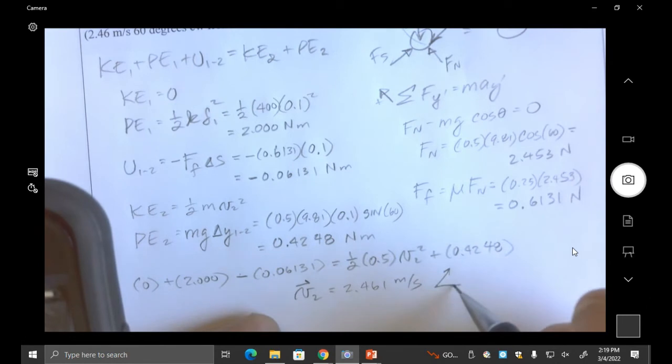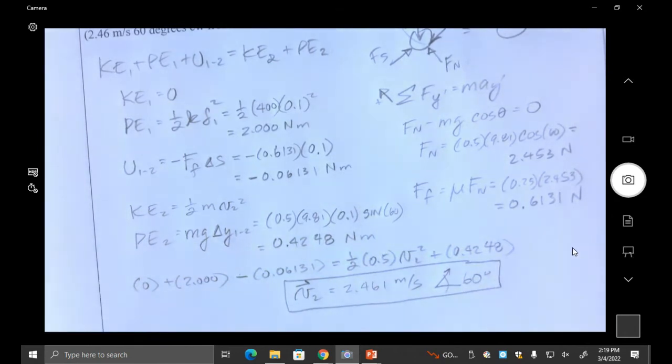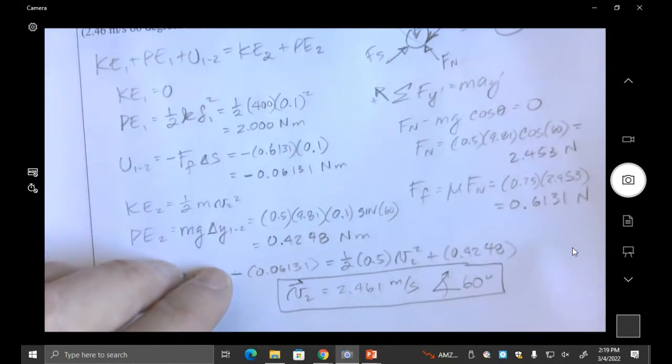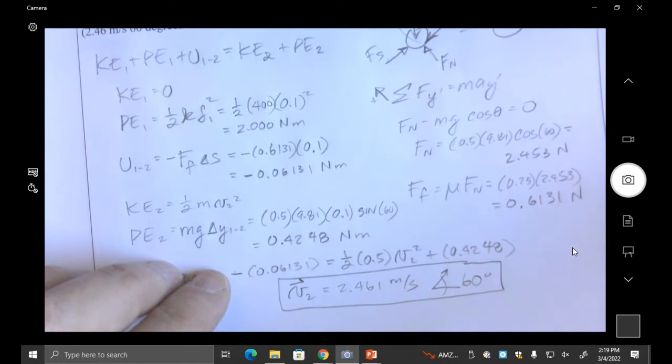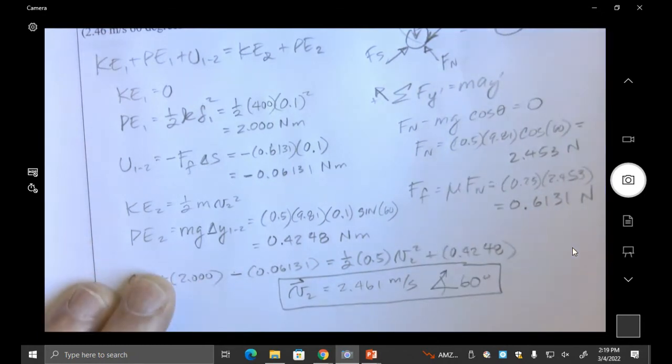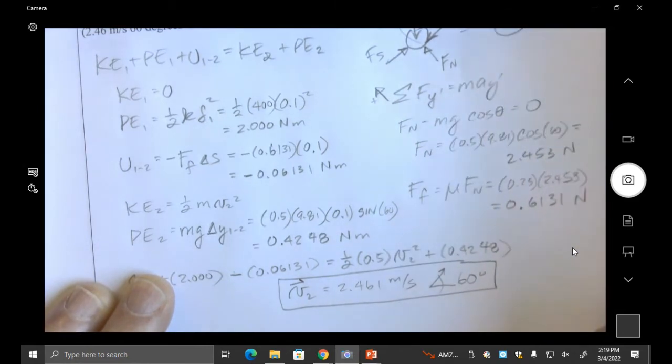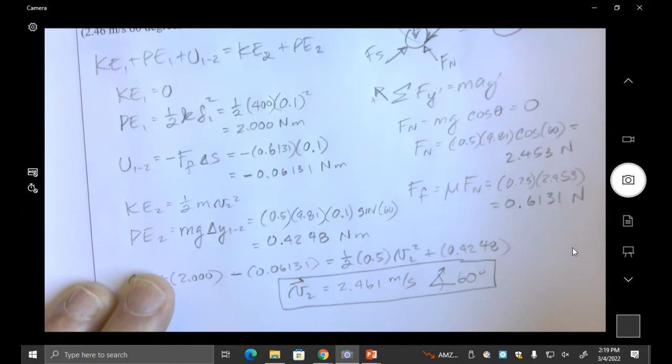So that means we got to get ourselves a vector. Velocity. And I wrote really big, so I need another piece of paper to go to part B. We're going to find the minimum compression of the spring for the ball to make it over the top. I think that they have made a problem that is more difficult than they think.